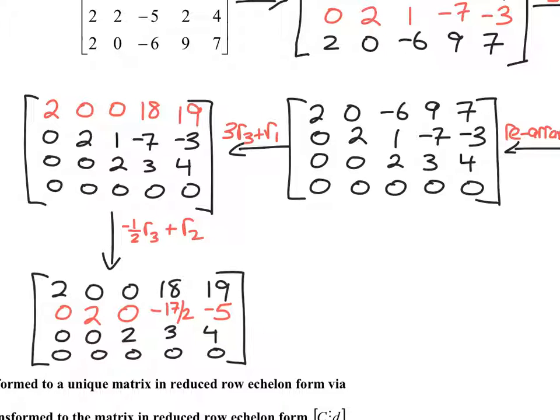The first non-zero entry in those rows should be to the right of the pivot value in the row above it. That's checked out here. We'll make them 1s in a second. But they should also be the only non-zero entries in the columns that they exist in. True and true. So this is in reduced row echelon form.